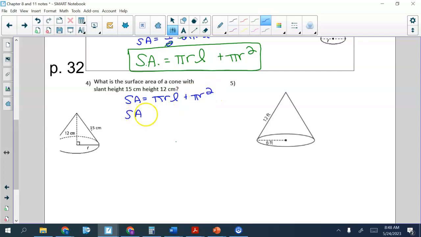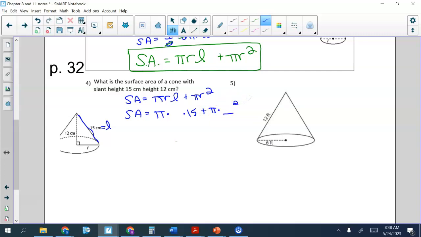And this is another one that you can leave in terms of pi. On our test, we're just going to round it to the nearest tenth. But if you want to write it in terms of pi as you go, that's fine. Okay, now notice we're missing our radius. But we do know the slant height. That's going to be this 15. The height would be 12. The slant height is 15. Plus pi, and we're missing our radius again, squared.